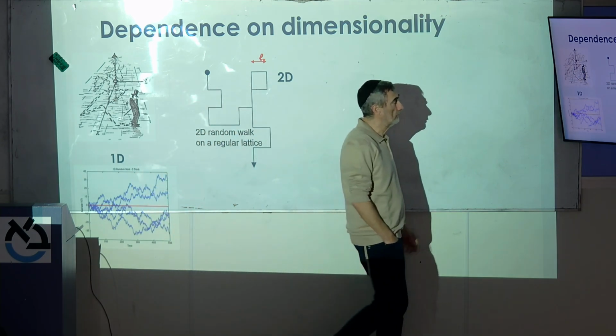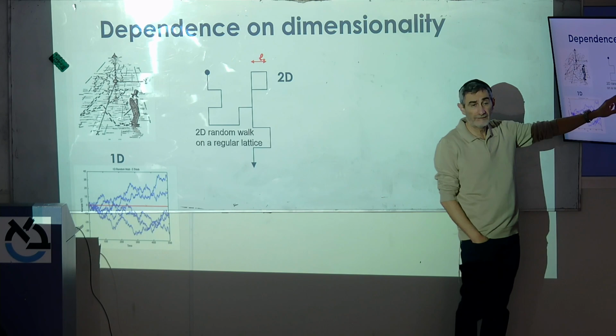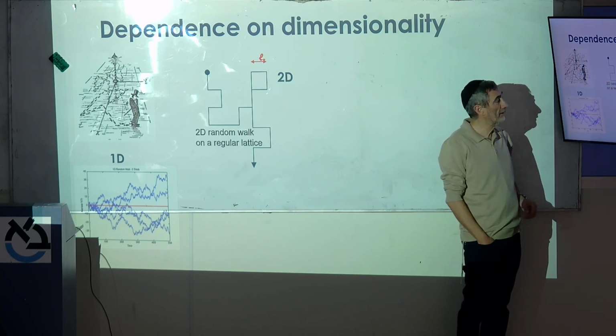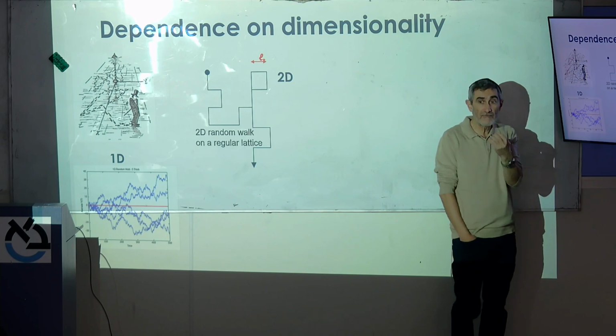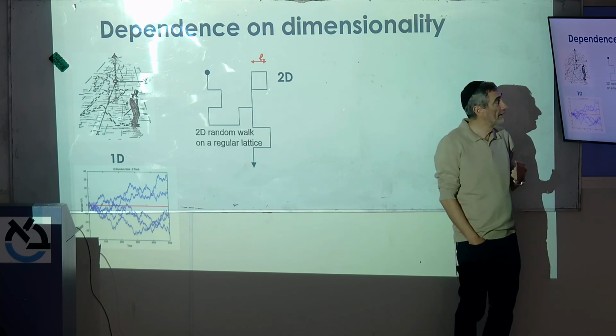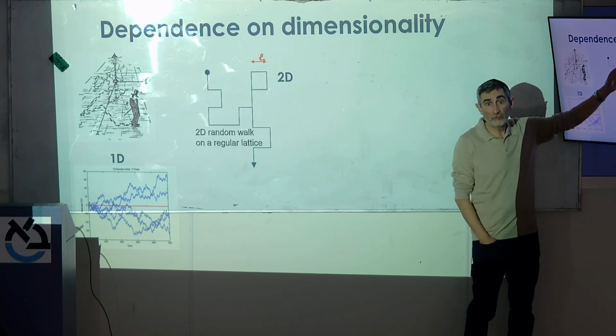That's one dimension. You can have it in 2 dimensions. So you can have a 2-dimensional random walk on a regular lattice. So you have like 4 directions to choose from with equal probability. And what is important, related to what we discussed before, is that the step of the random walk is the transport mean free path.